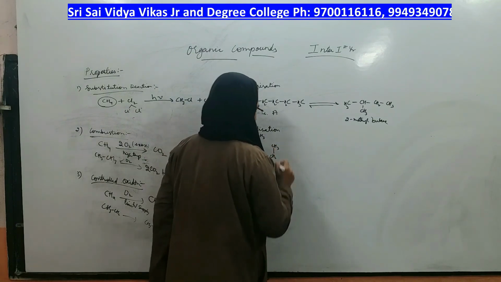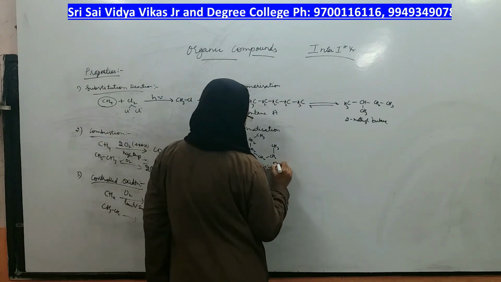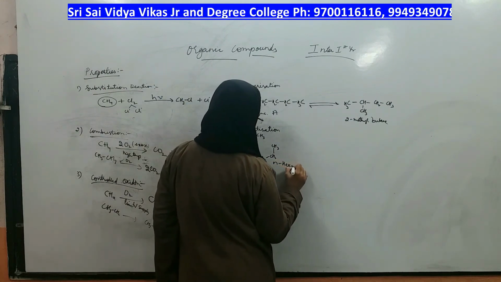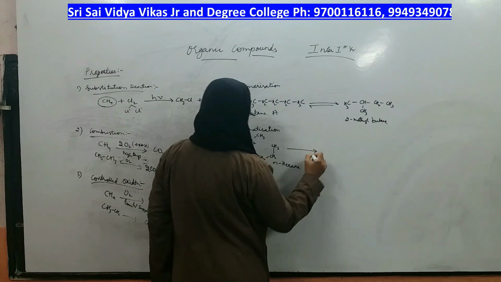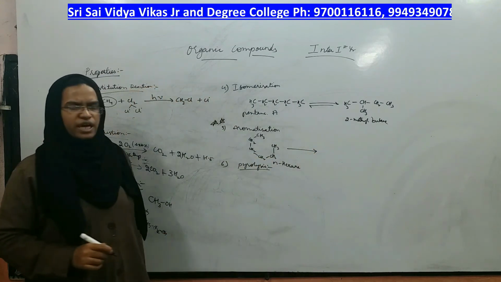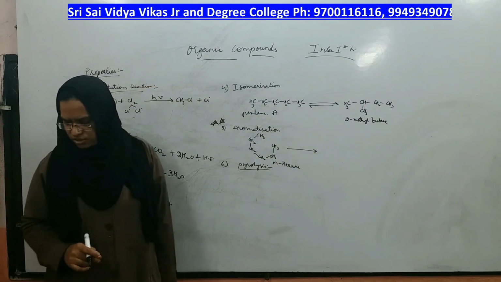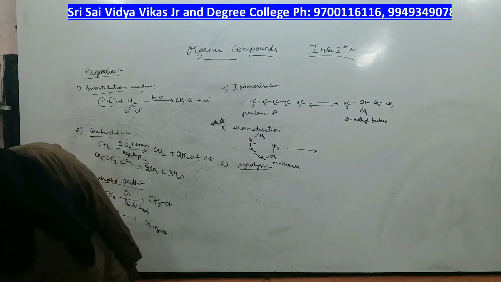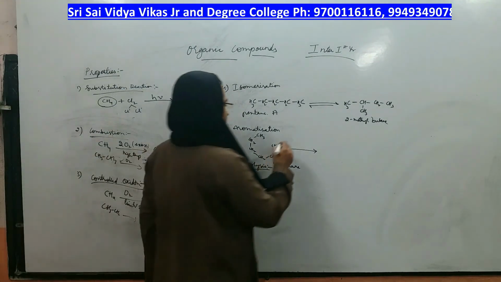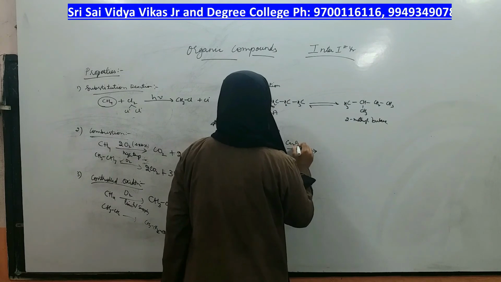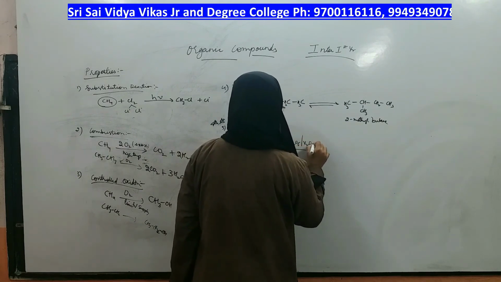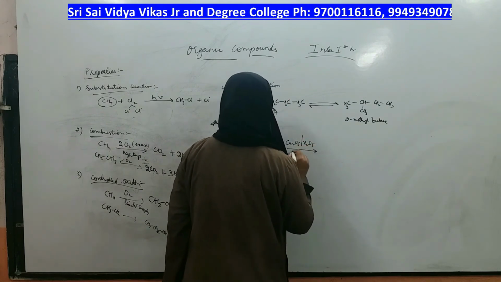Which alkane? Not all the alkanes. N-hexane only. N-hexane undergoes aromatization to give you an aromatic compound. Cr2O3 or V2O5 is the catalyst at high temperature.